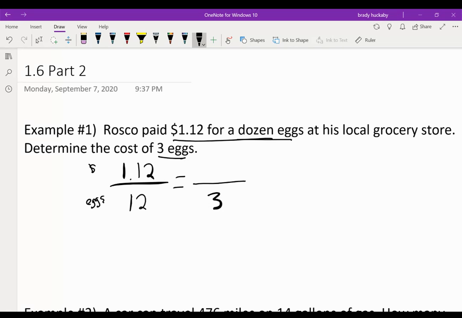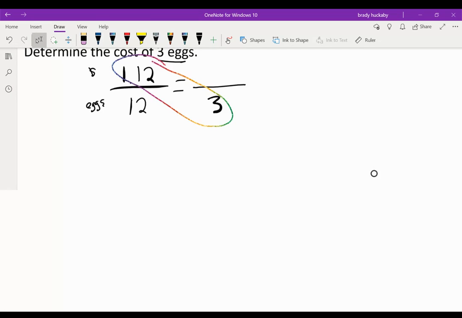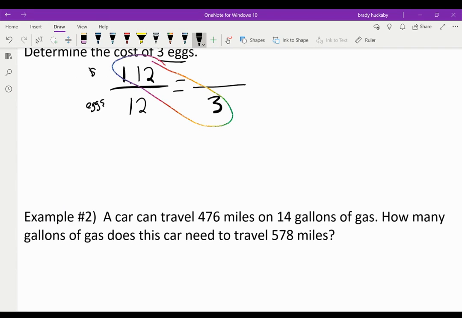Now we just do everything that we did yesterday, cross multiply. So 1.12 times 3, and then divide that by 12, and you should get, oh, sorry, yikes, go back to the pen.